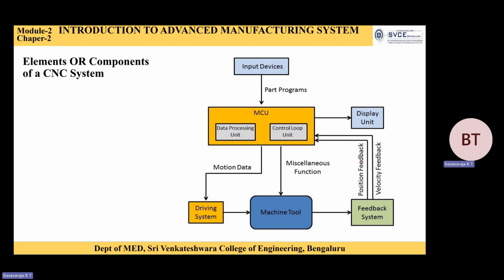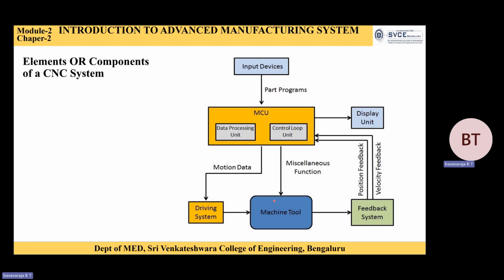Once the machine tool has completed the product, it will send the signal that I have done my job. The machine tool sends the signals to the feedback system that I have done my job. Then this process has been completed. The feedback system takes all the data given by the machine tool and supplies it back to the MCU, machine control unit.